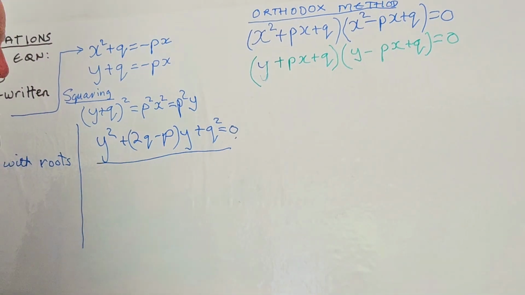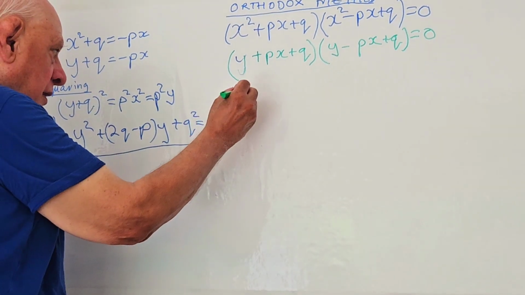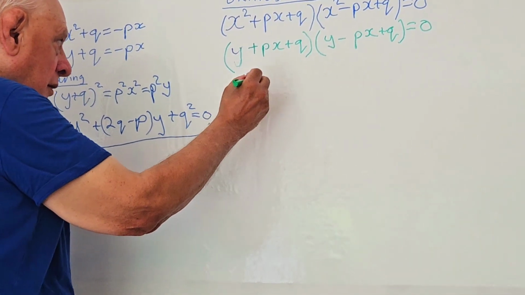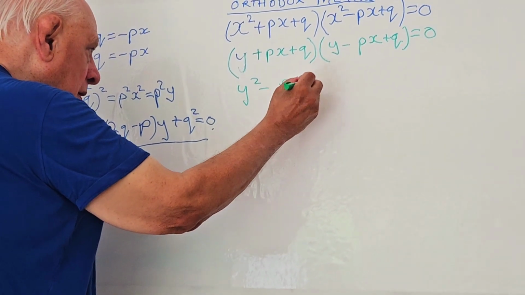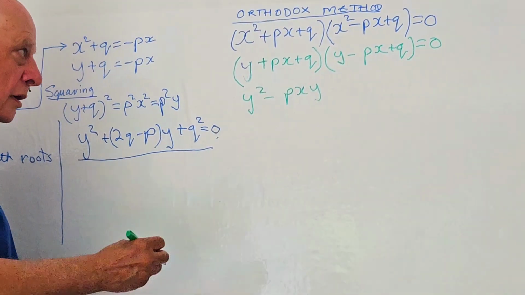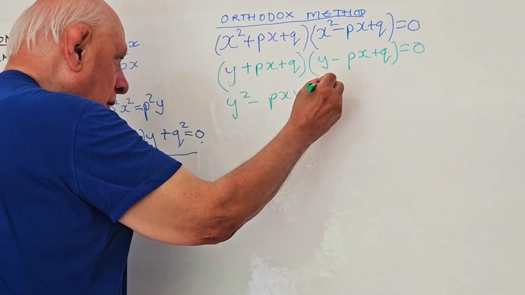So let's multiply that out. Y squared minus pxy plus qy.